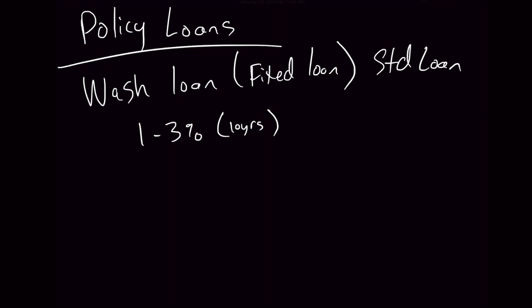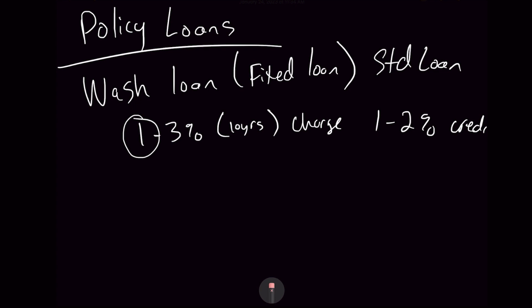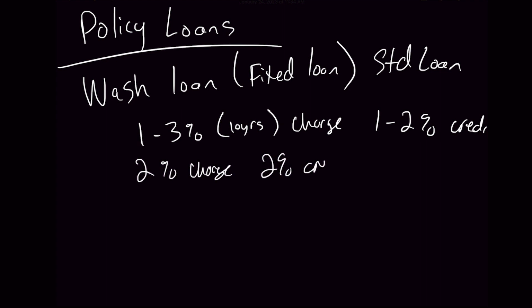So maybe if it's a 1% to 3% charge, these fixed loans are going to have a 1% to 2% credit. And I actually don't think there's anybody out there that has a 1% charge inside those first 10 years. After you get outside those 10 years, it's going to move into what's called a wash loan, more likely than not. And that would look like, they charge you 2% and then they're going to credit you 2%.